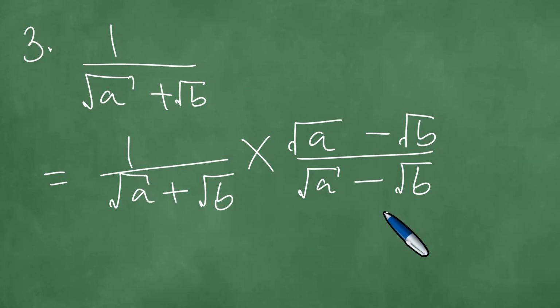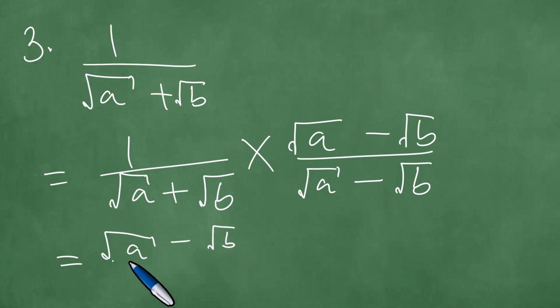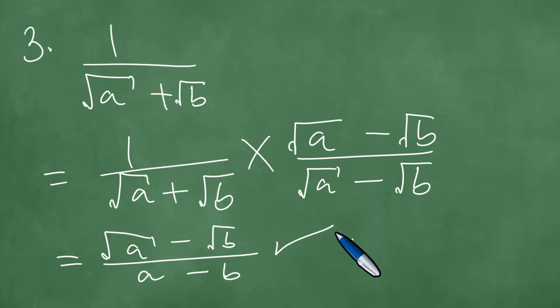If it's positive, you put a minus. So in the numerator, you have the square root of a minus the square root of b. You divide by square root of a times square root of a, which is a. Positive times negative is negative. Square root of b times square root of b is b. And this becomes the answer. So we're done. Okay, let us practice more.